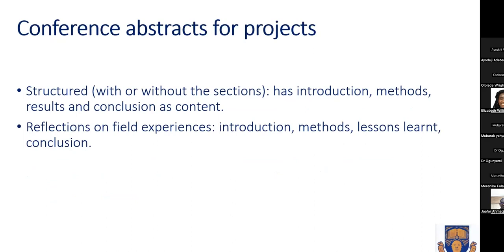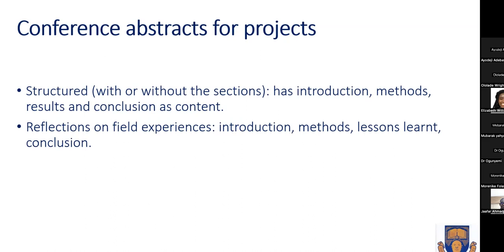Talking about conference abstracts for projects, like Dr. Wright and Professor Wright presented last week, it can be structured or unstructured. I talk about structure: usually when you present, many times when you're dealing with quantitative or qualitative per se, and you're presenting it, it's structured. It's just that the sections are not written.